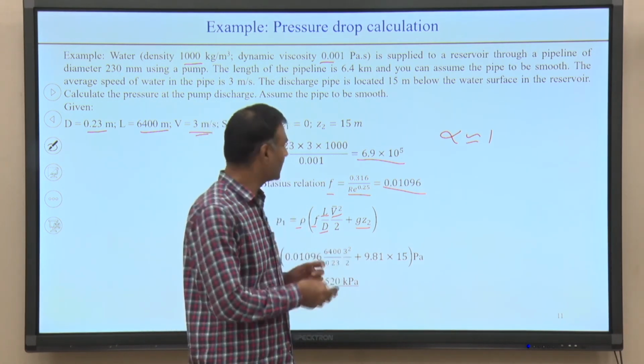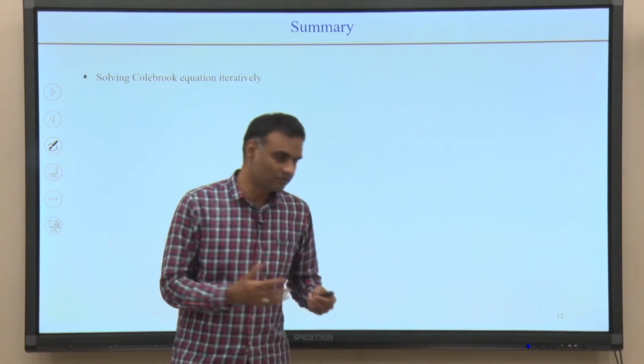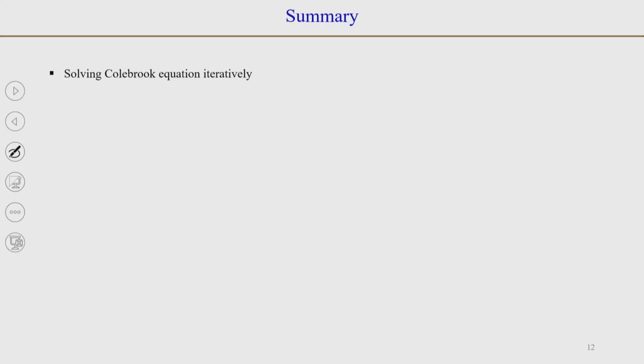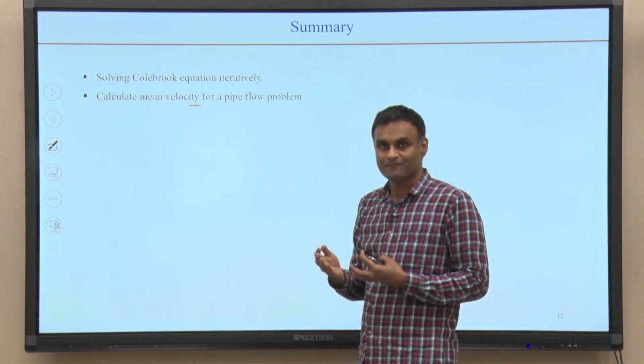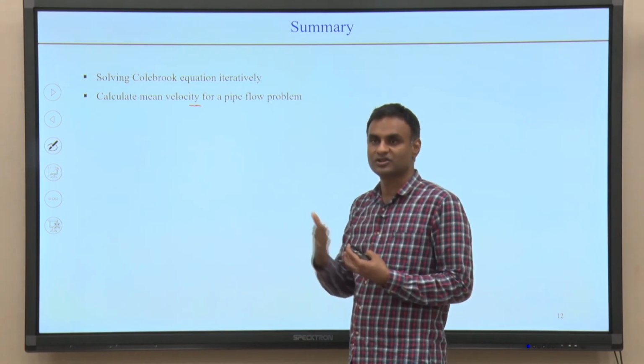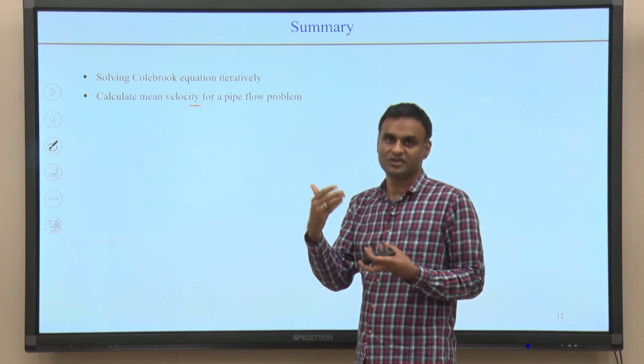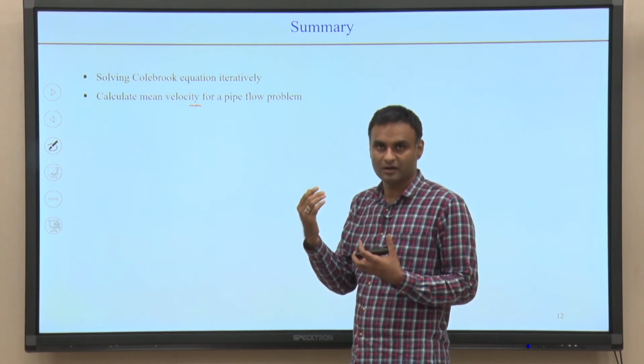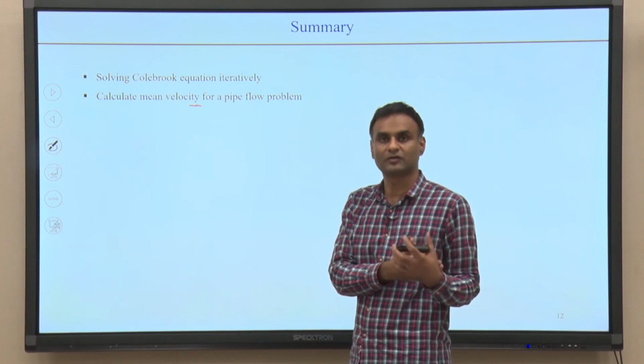So, to summarize what we have done today, we looked at how we can solve the Colebrook equation, how we need to do iteration, and we can make the initial guess, say f equal to 0.1, as an initial guess in all the cases. Then we looked at a problem where we calculated the mean velocity, and this needed to be done in an iterative manner, because the mean velocity is required to calculate the Reynolds number, which is required in turn to calculate the friction factor.